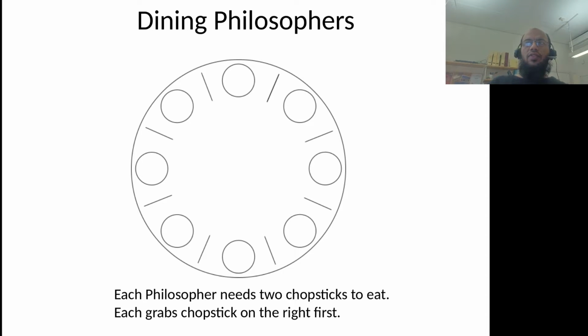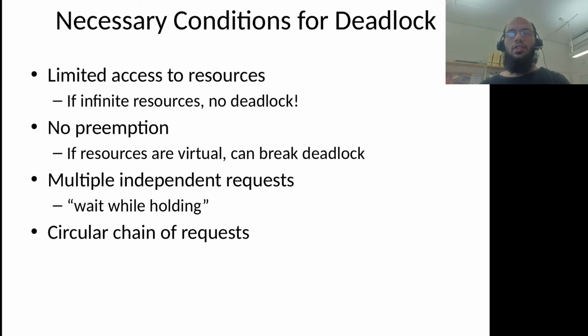And if everybody starts by picking the one on his left hand side, then you end up in a situation, if you look at this figure, where there are absolutely no chopsticks left and no one can eat, and all of them will starve and die. So this is basically a classical problem in computing science, the dining philosophers problem.